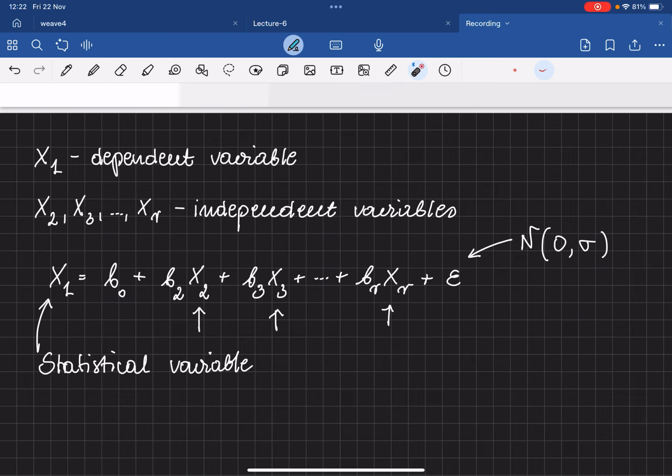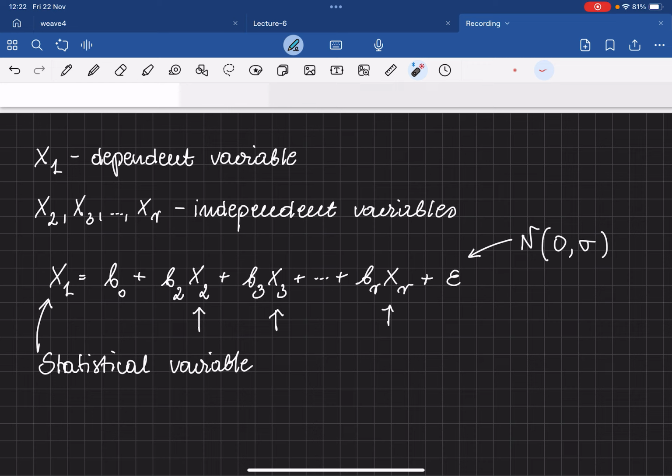As previously, we are looking for values of the coefficients such that the sum of squares of error is the least possible.